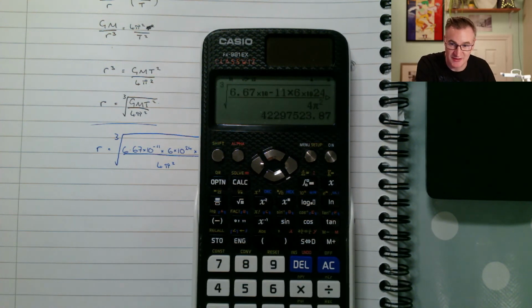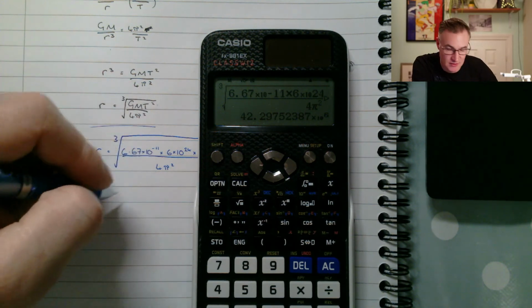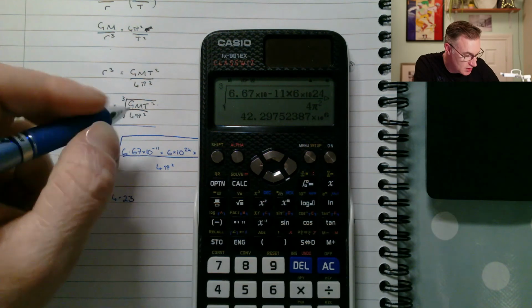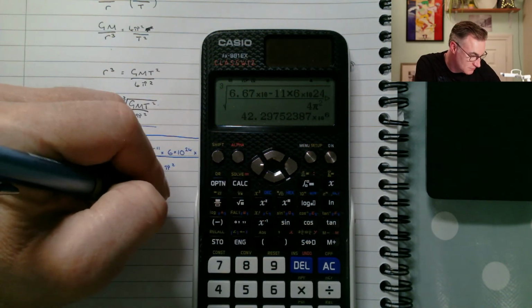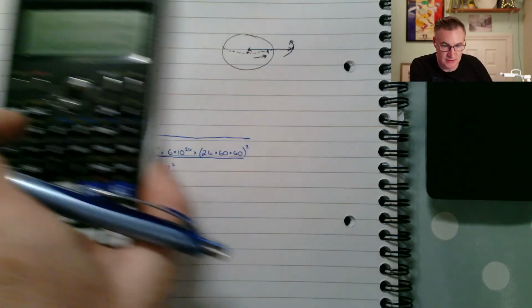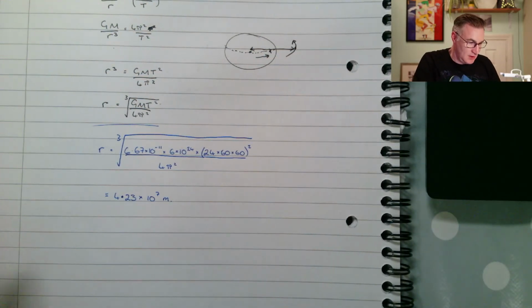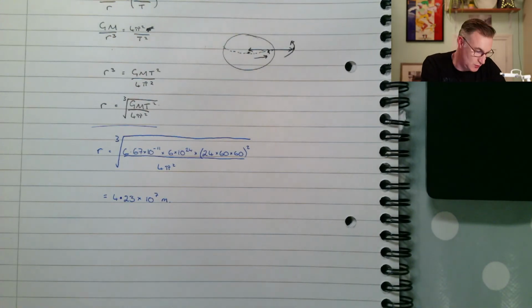A little bit of thinking time there. And so what do we have? Well, let's deal with one thing at a time. So we'll have 4.23 times 10 to the power of 7 meters. Now, okay, well that's not what you were told at National 5.